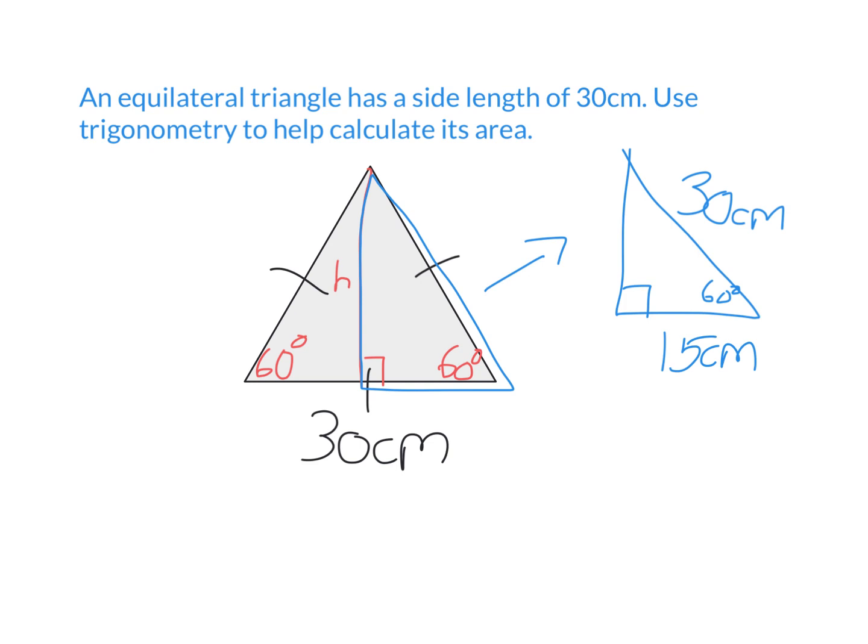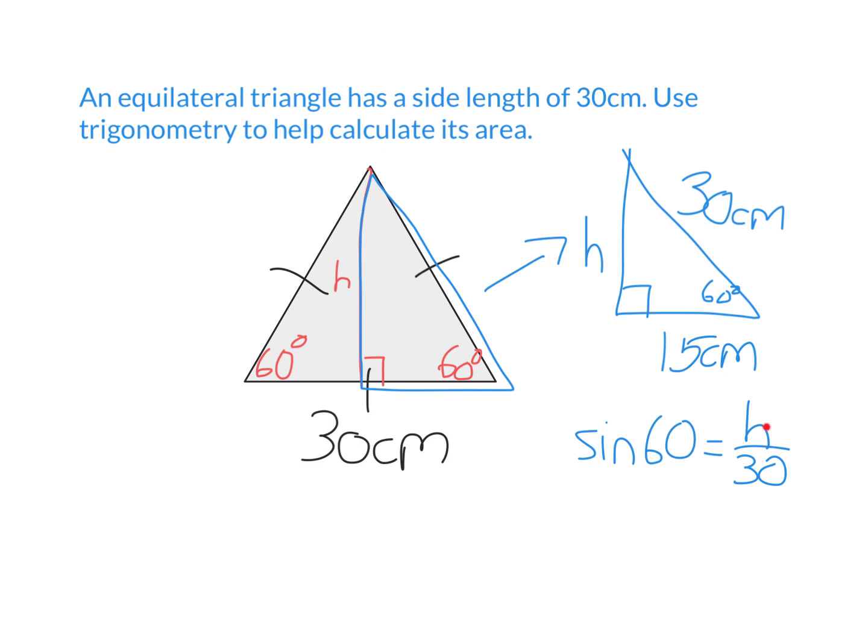So I can find out what h is. Now I could actually find h using Pythagoras or trigonometry. Because I have two sides, I can use Pythagoras. Because I have a side and an angle, I can use trigonometry. Since this is a trigonometry video, I will use trigonometry to find h. So h is opposite the 60 degree angle. I'll use this side here, which is the hypotenuse. So what we have here is that sine of 60 is equal to h over 30.